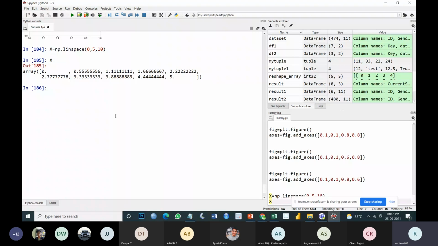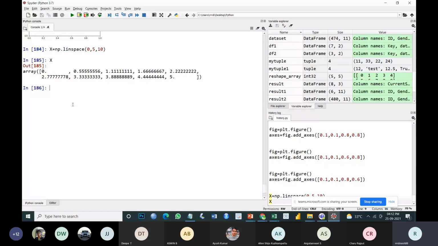That is linspace. Linspace is used to print values between the lower and upper limit with equal intervals.